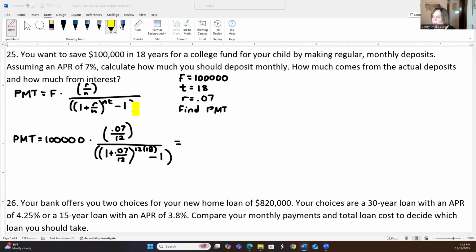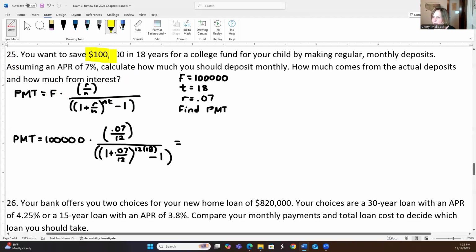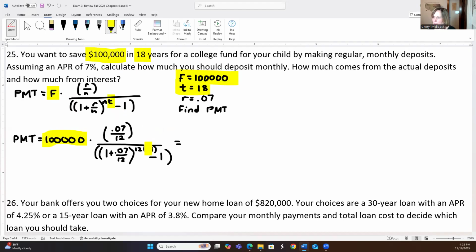So here's our formula. It says you want to save $100,000. You don't have that yet, so that's your future value, and it will go in here. And then 18 years away, so that's time is 18. That'll go in right there. And then you want to make the monthly deposits. You have a 7% interest rate, so R is 0.07.